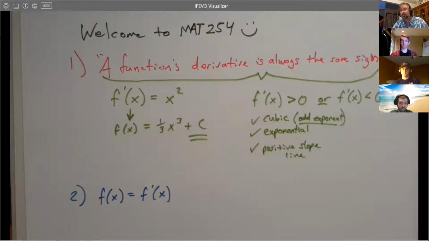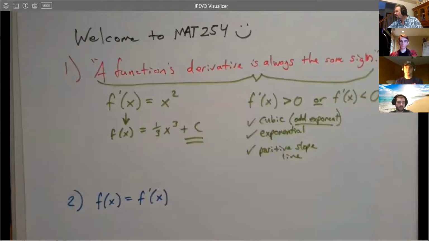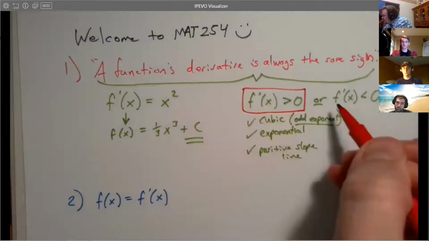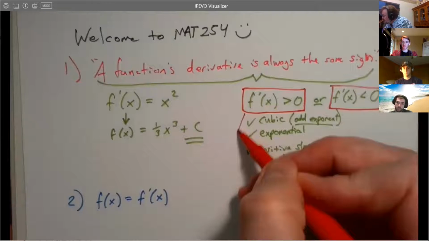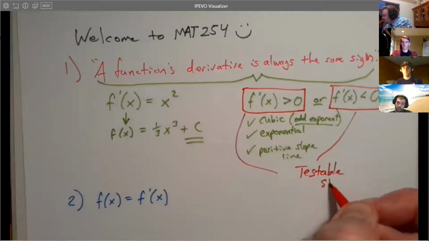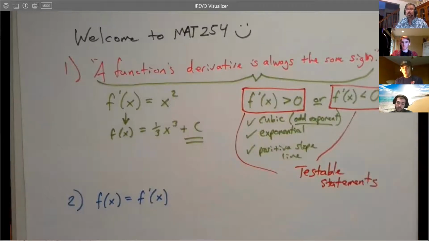Being able to prove that it's true means that we have to have that kind of abstract statement that we can test, right? And so in this class, we're going to be dealing with being able to come up with testable statements. And so these two things right here are examples of what we're going to call testable statements. Now, if you're in a fancier math class like a statistics class, you might talk about hypotheses and testing hypotheses.